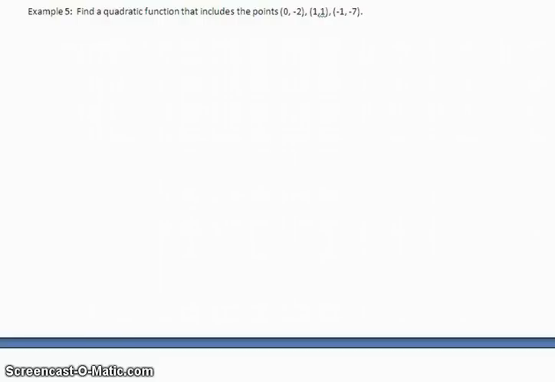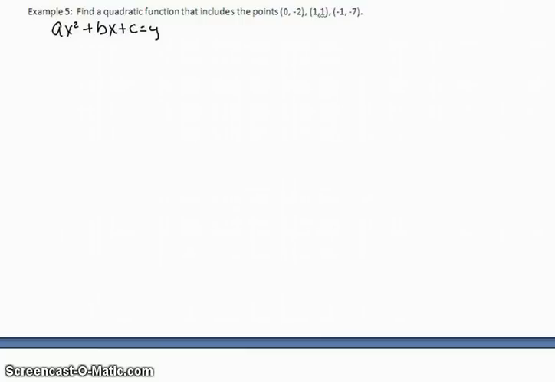Now remember, it doesn't matter if you use elimination or substitution, the first 3 steps are going to remain the same. So we're going to use our standard form and substitute in our coordinate points, x and y, in for x and y.